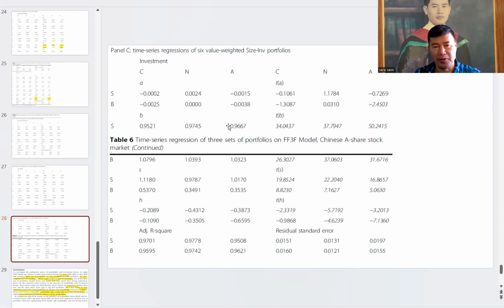Okay, and for the big size to any return on investment are positive, 108%, 103. Look at the right side, the t-value is significant, so the results are good. It means when size goes up, the excess return of any size to return on investment goes up. That's what we expect.